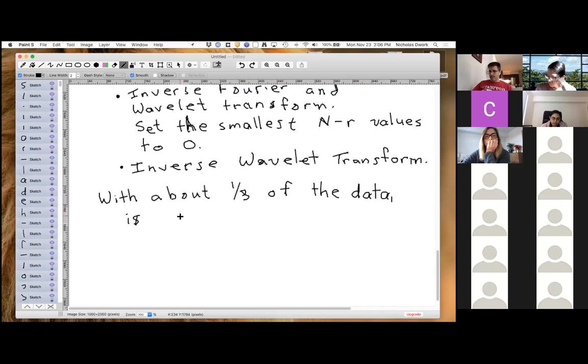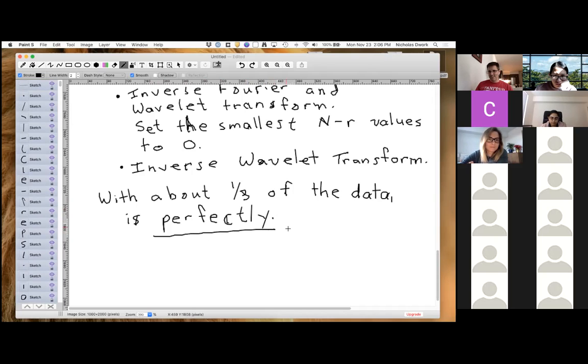Not approximately, perfectly. And so you can see why it changed the world. It's changed everything. But I could do a little better. So this is called compressed sensing. And you'll get to do it in your homework.